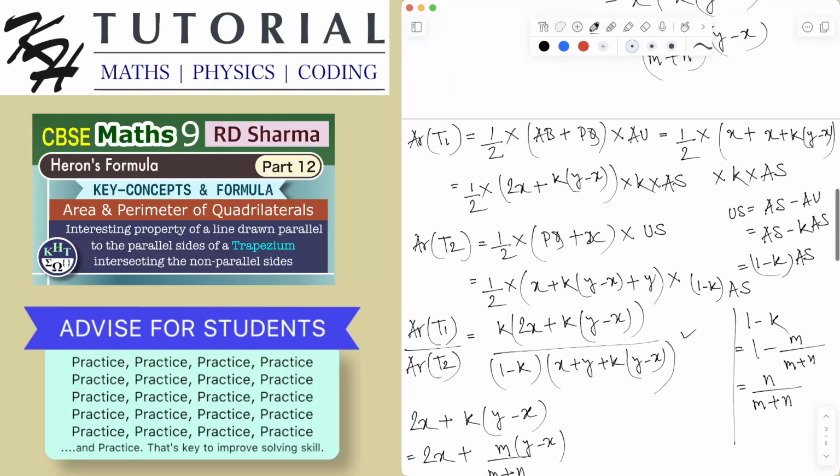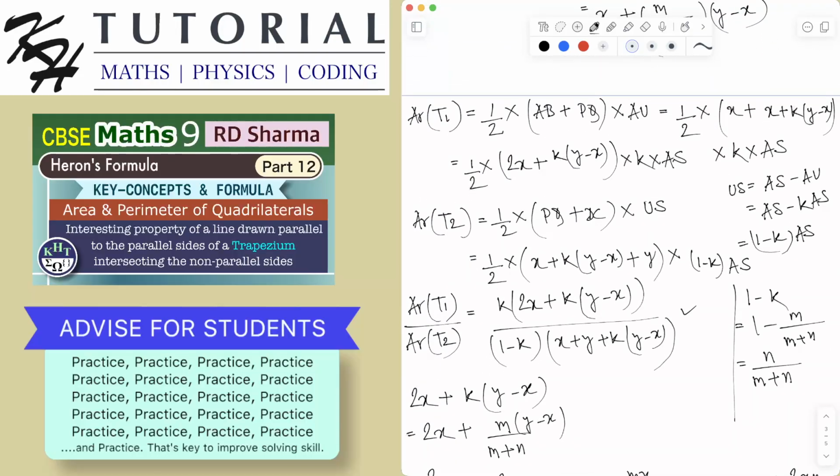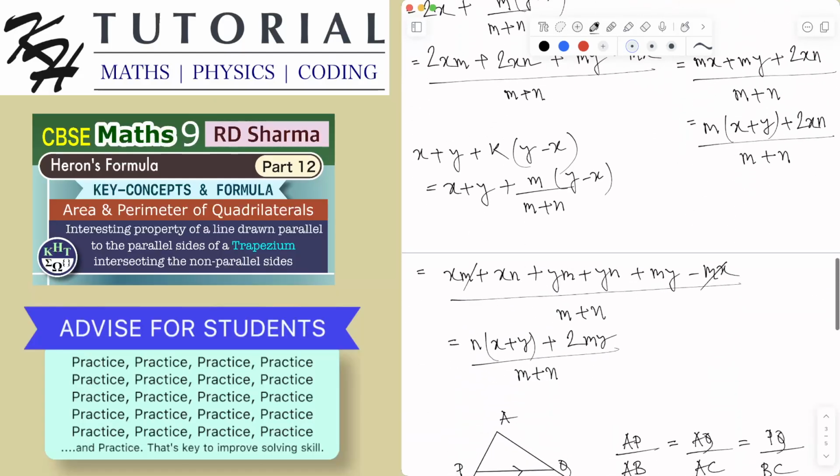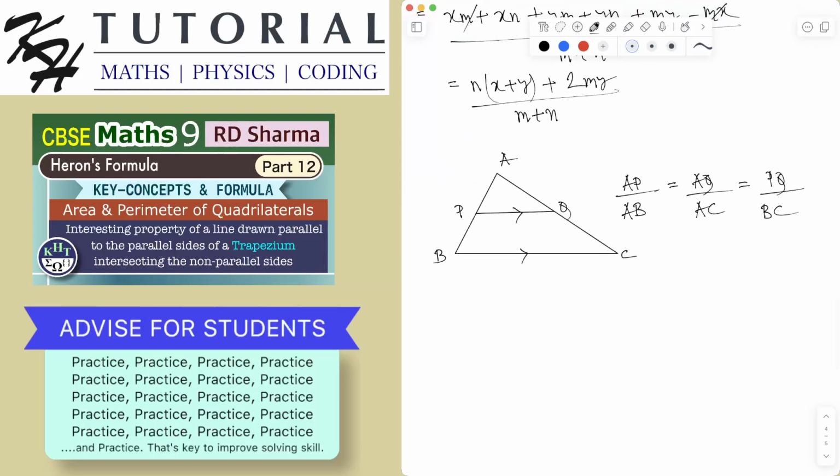Okay. So the area of the trapezium T1 is this thing. And what is the area of the original trapezium? That is the whole trapezium ABCD.